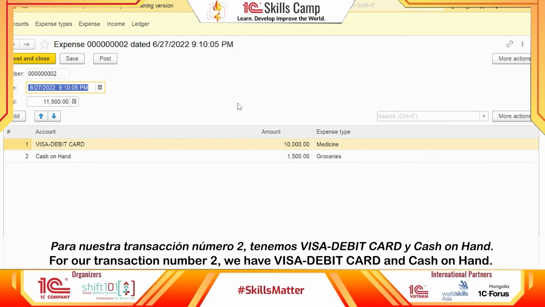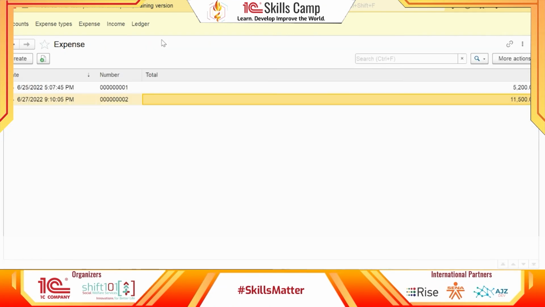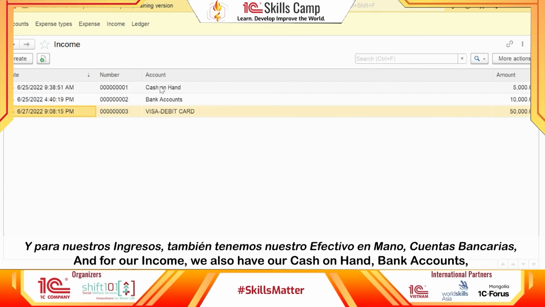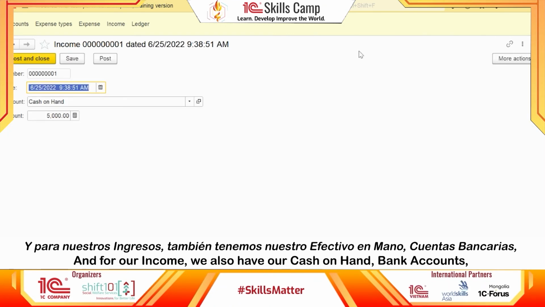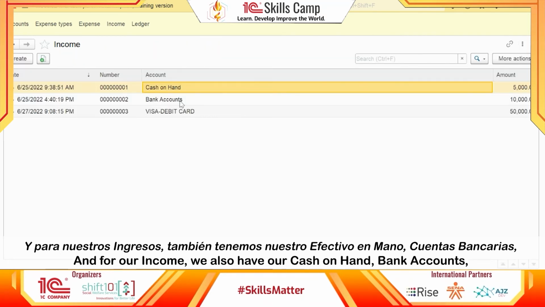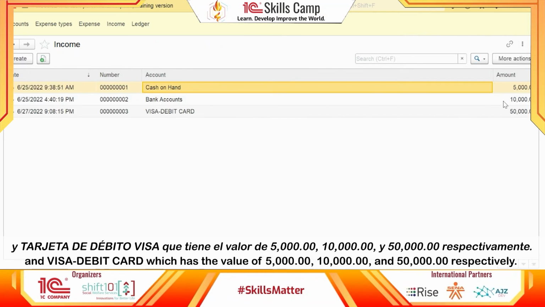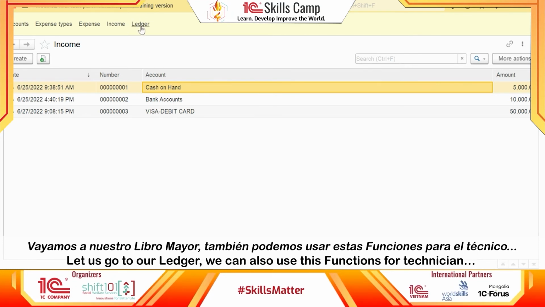For our transaction number two, we have Visa debit card and cash on hand. And for our income, we also have cash on hand, bank accounts, and Visa debit card, which have values of 5,000, 10,000, and 50,000 respectively.